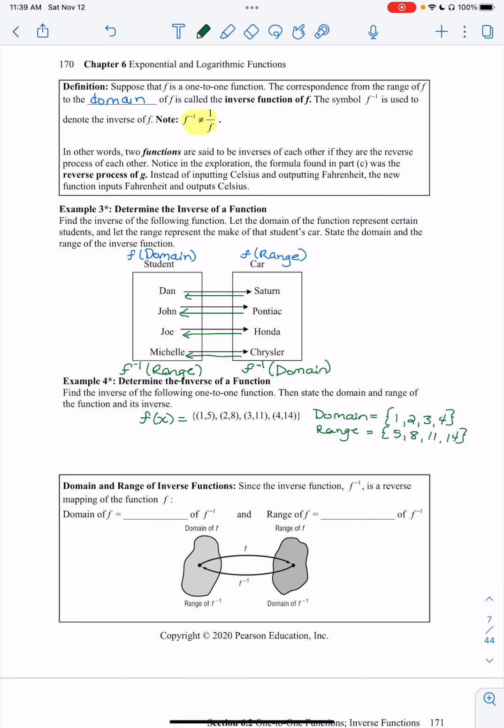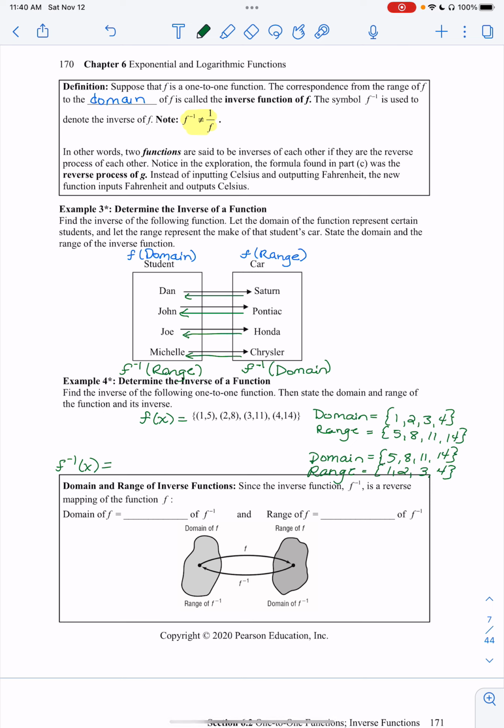So when I find the inverse of f, what I'm doing is my range from the original one becomes my domain. So the domain for the inverse is actually 5, 8, 11, and 14, while the range is equal to 1, 2, 3, and 4.